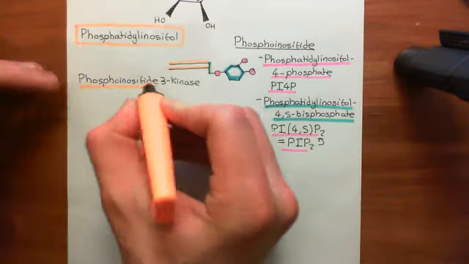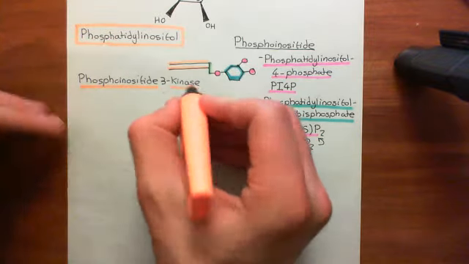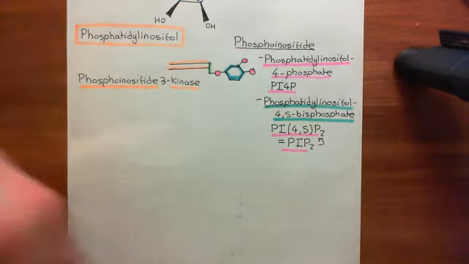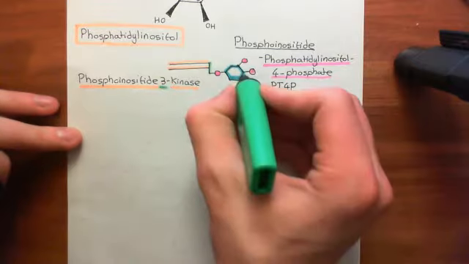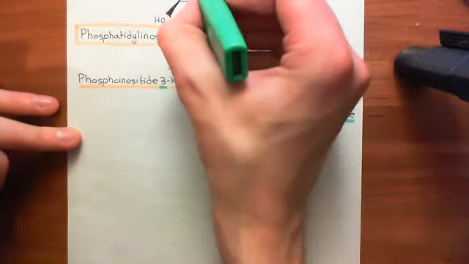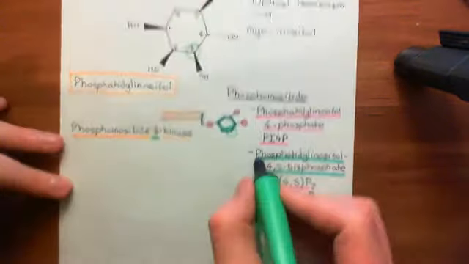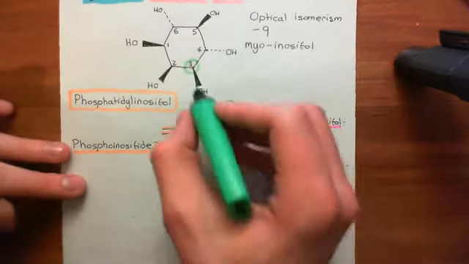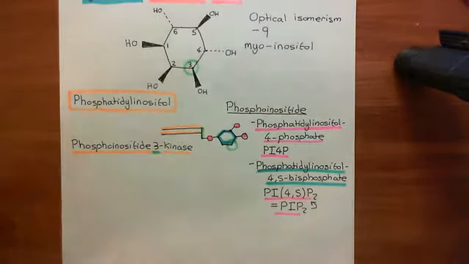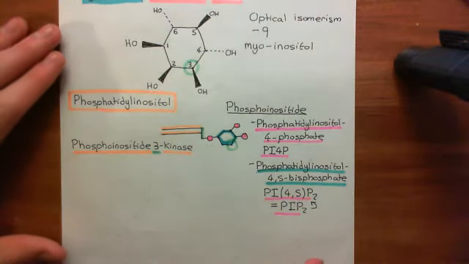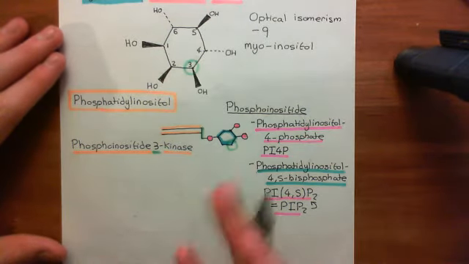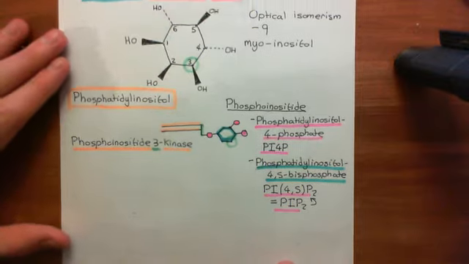Where are they going to phosphorylate them? Well, it's on this 3rd carbon here. They are going to add phosphate groups onto the alcohol group that comes off the 3rd carbon of the inositol ring within phosphatidylinositol derivatives, or within these phosphoinositides.